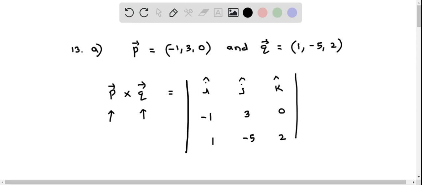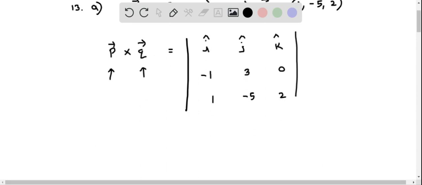So now let's evaluate this determinant. I'm going to expand along the first row. So this equals i vector, and then we multiply with the 2 by 2 determinant obtained by leaving the row and column represented by i vector. And so we will get 3, 0, -5, and 2.